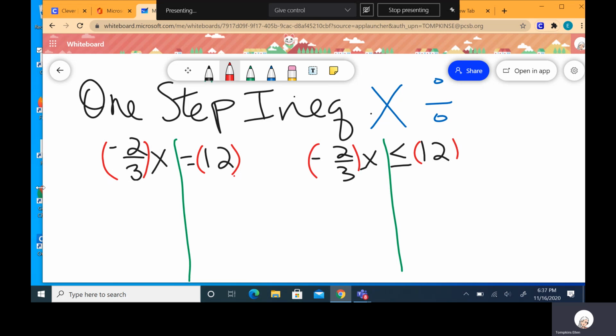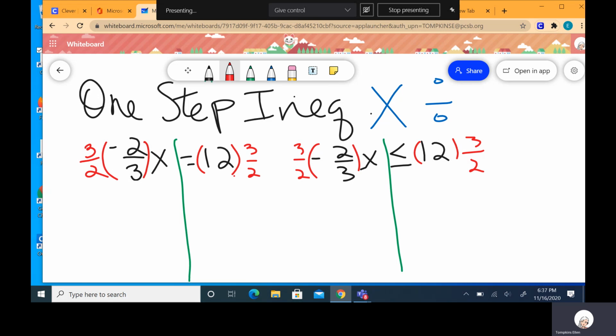Now what we're going to do is we're going to multiply by the reciprocal. This guy flipped over, 3/2. And I'll do it over here. So you can see the calculation is exactly the same.